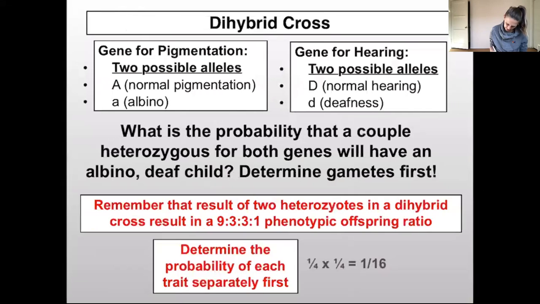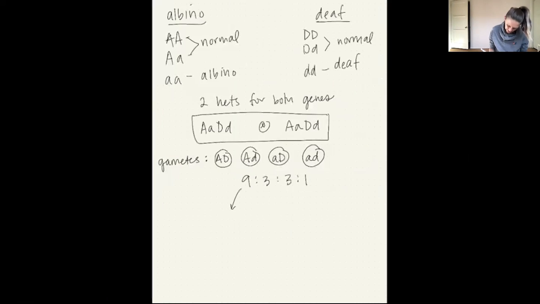The question asked, what is the probability a couple will have an albino deaf child? These guys would be all normal. These ones would be albino, okay hearing. These ones would be deaf and normal pigment.